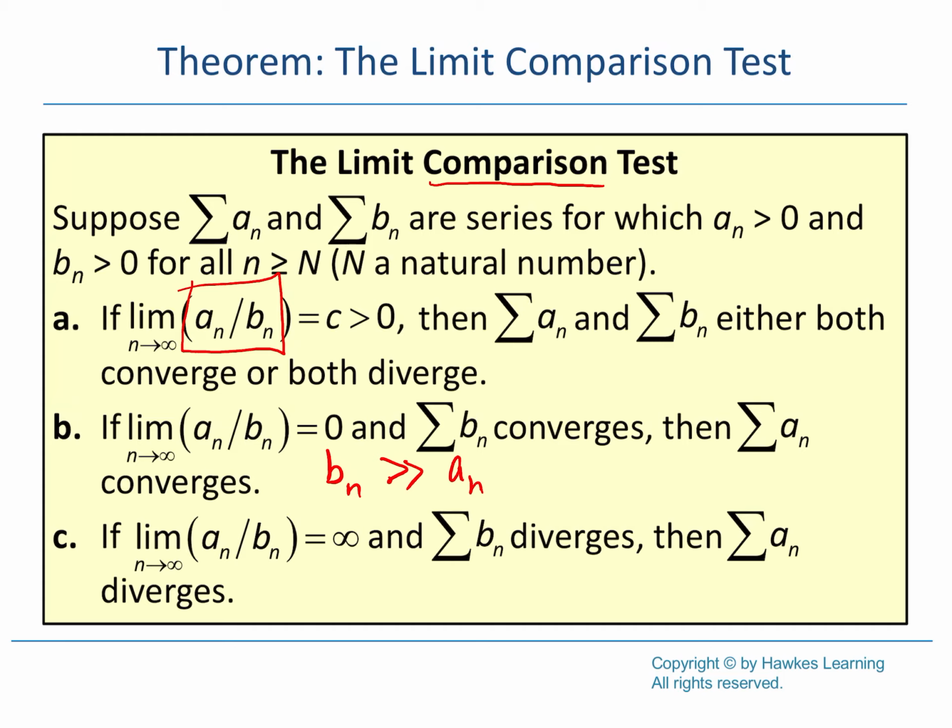So Bn is the more familiar series. So here, if your familiar series converges, then your unfamiliar series converges as well. And on the bottom one, An is much bigger than Bn.